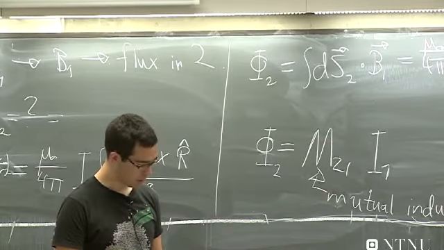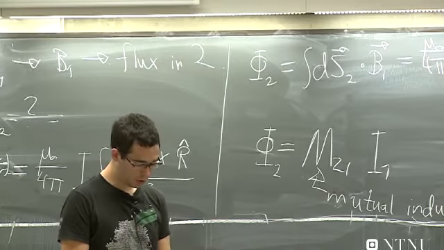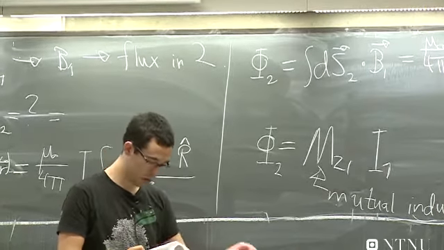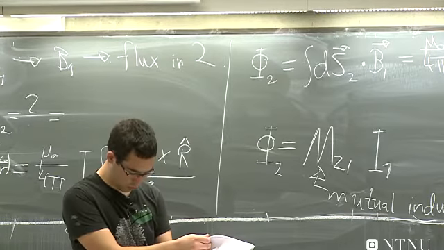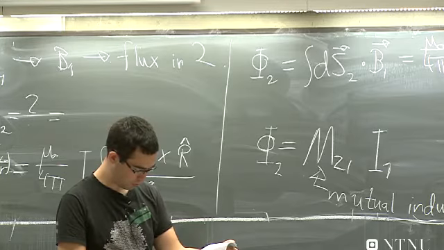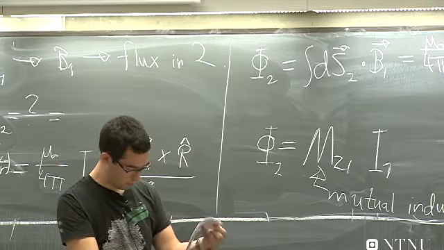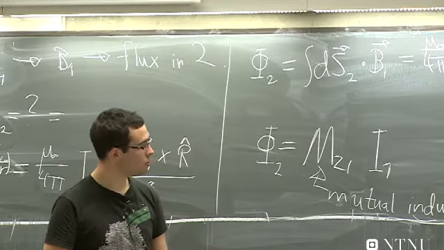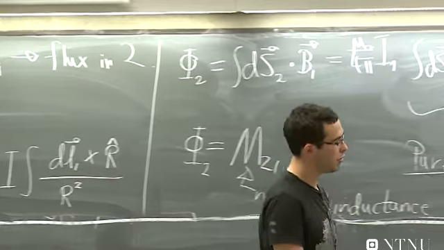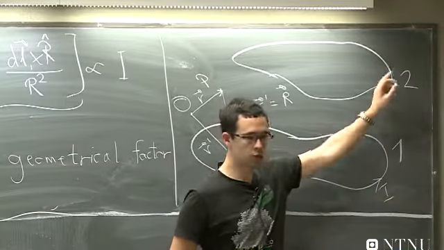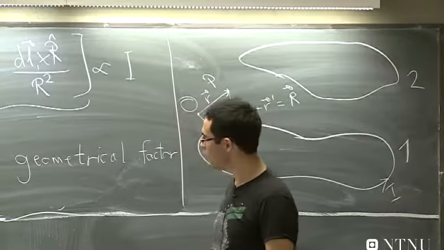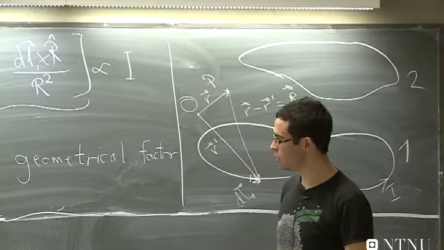Okay, and now we're going to make some observations. Yeah, there's one more observation I'd like to make, and that's that if I change the numbering from 1 to 2 here and 2 to 1 here, then there's nothing that actually changes.